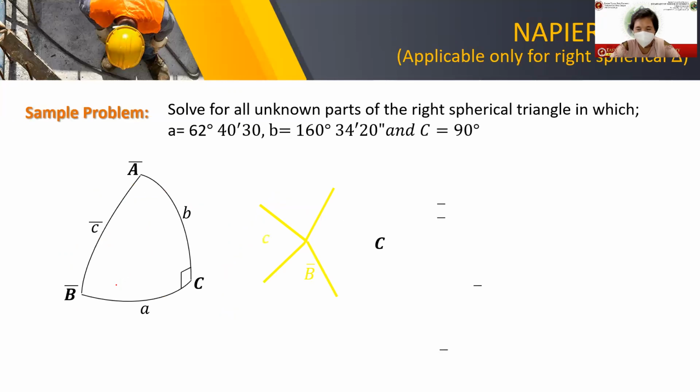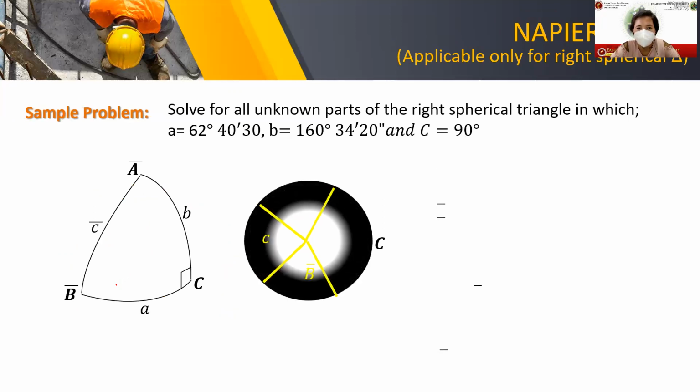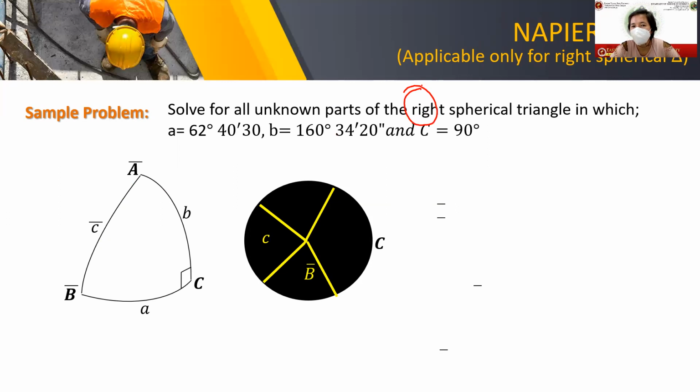So let's try an example here. Solve for the unknown parts of the right spherical triangle. Take note, it is only applicable for the right spherical triangle. We are given one part, which is 62 degrees, 40 minutes and 30 seconds. Here, B is 160 degrees, 34 minutes and 20 seconds.